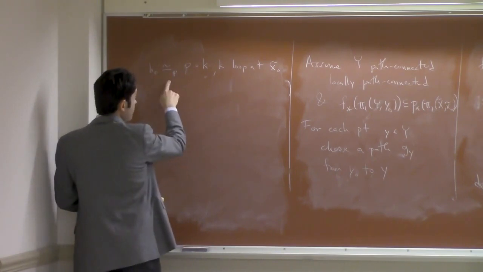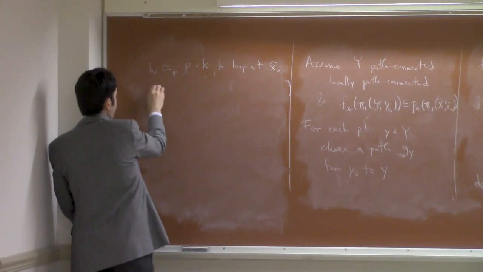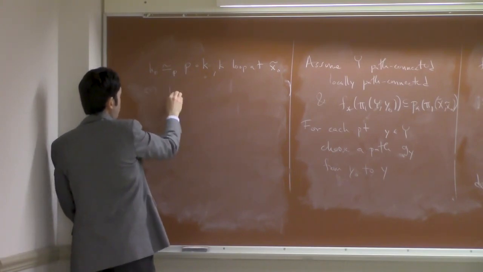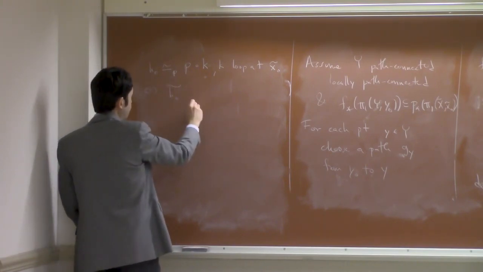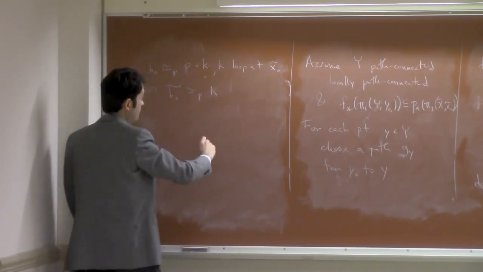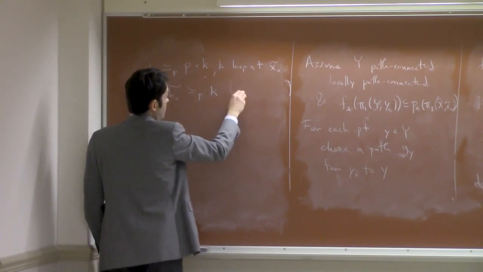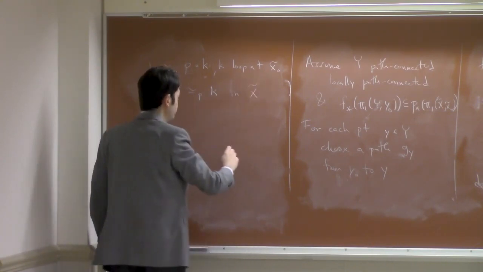Okay, so we can lift this path homotopy. So by uniqueness of lift, this is the same as saying that H naught tilde is path homotopic to K. This is in x tilde.